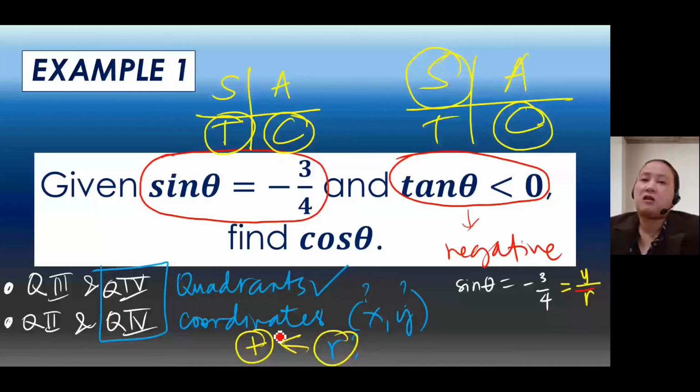But since r is always positive, it means that r is positive 4.